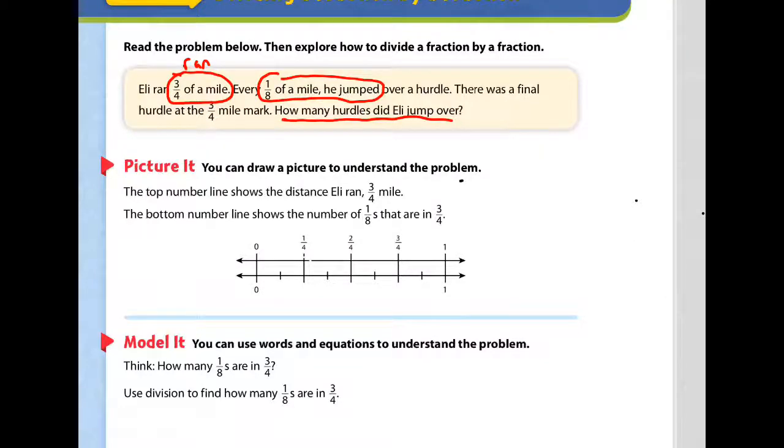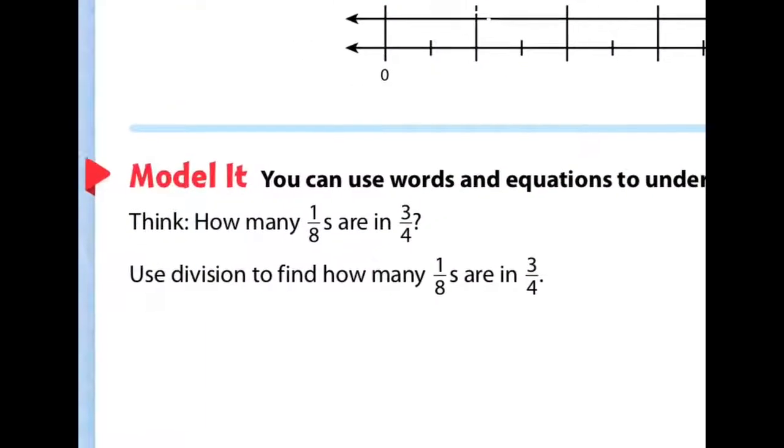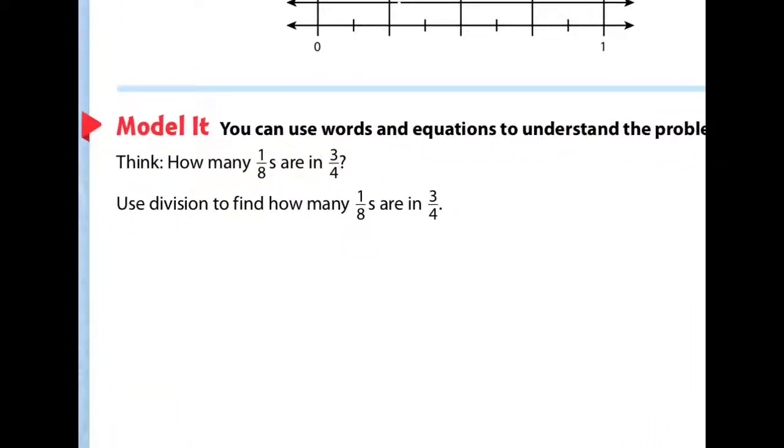All right. Now, the model it strategy says you can use words and equations to understand the problem. So remember, we want to know how many 1/8 are in 3/4. So this says use division to figure out how many 1/8 are in 3/4.